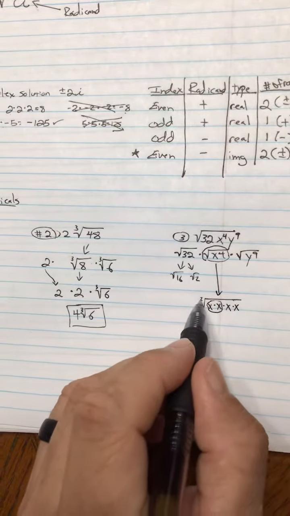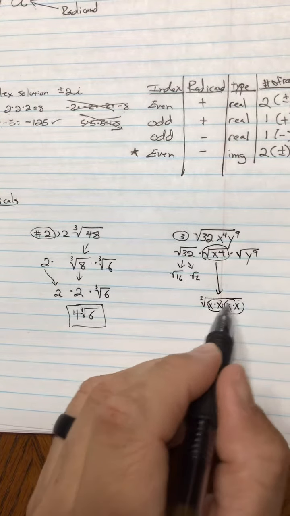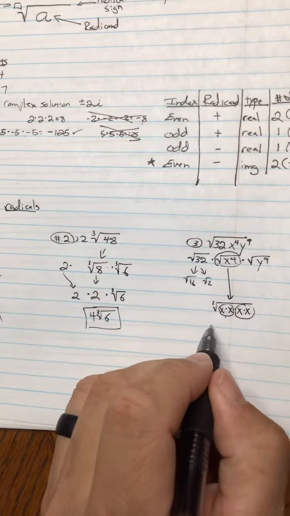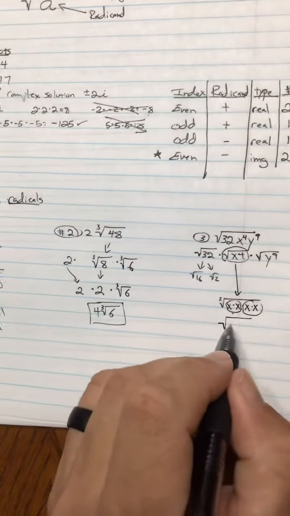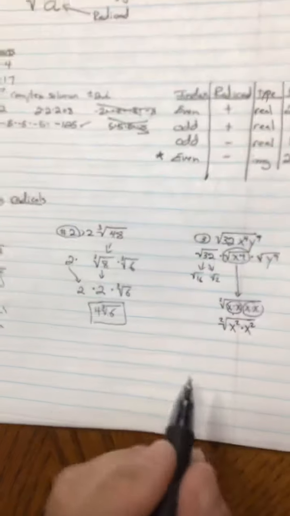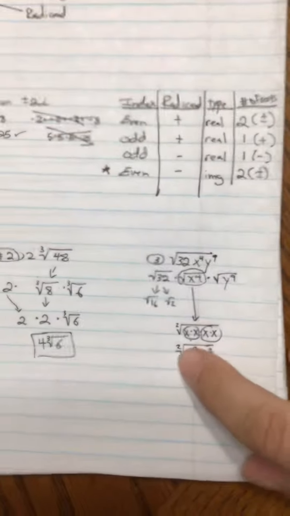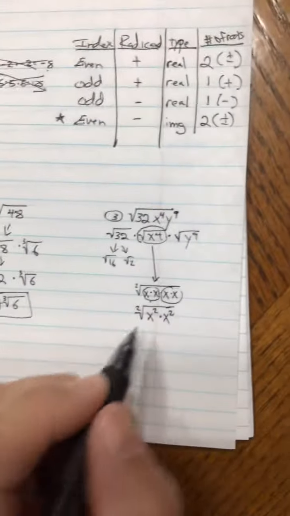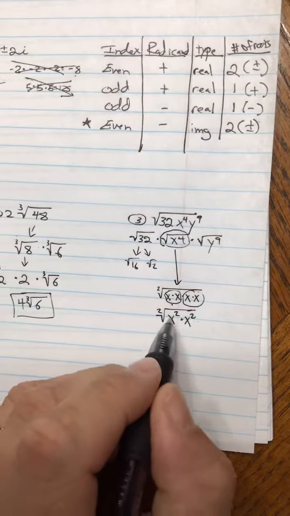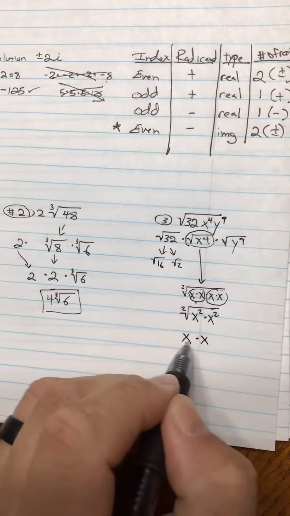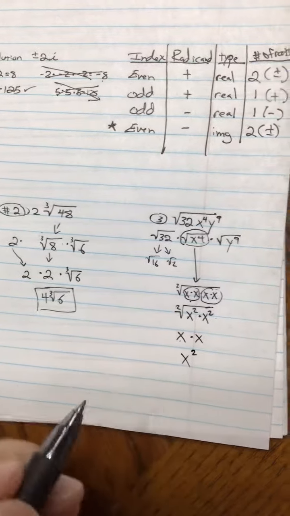I can circle pairs of x's. That's like saying this. Would you agree? And the squared and the squared cancel each other out, and that's like saying x. So this x squared becomes x. So I have x squared.